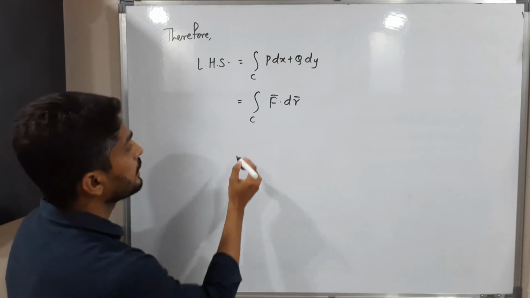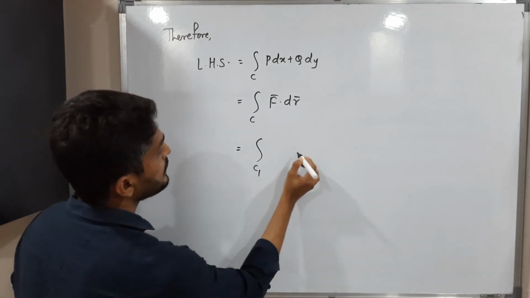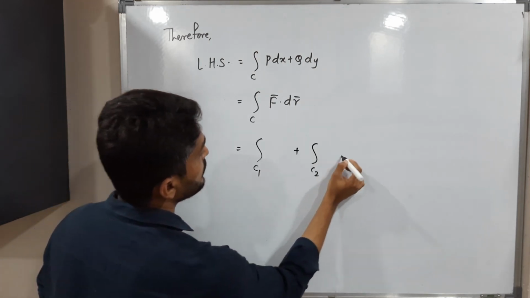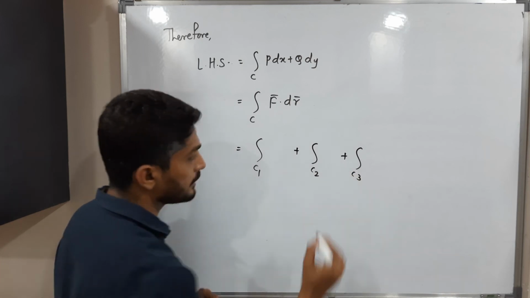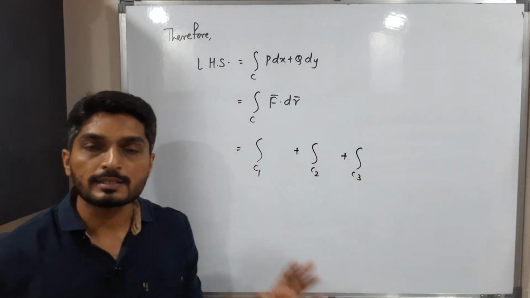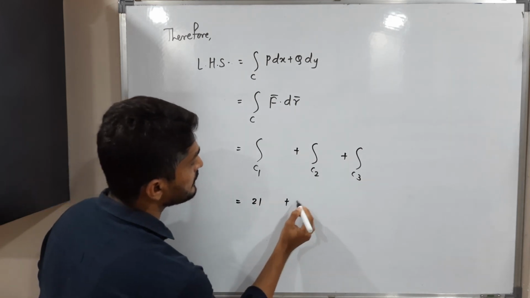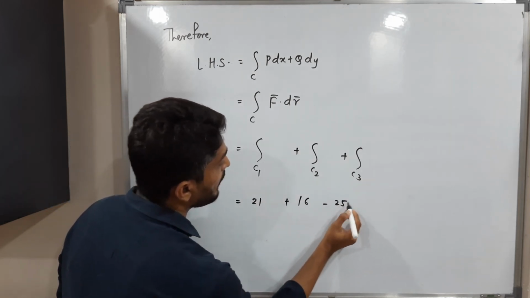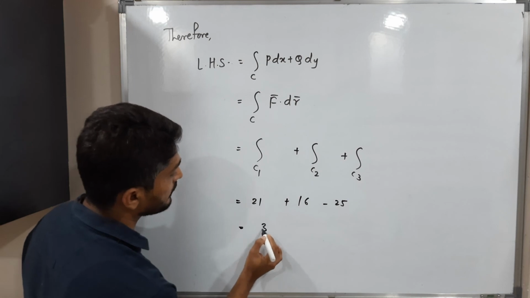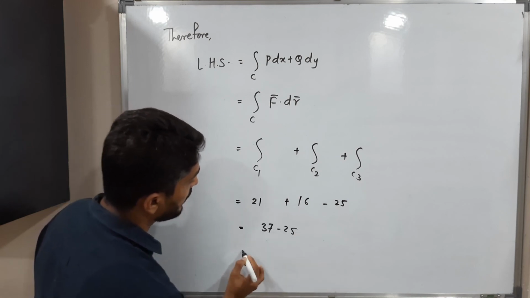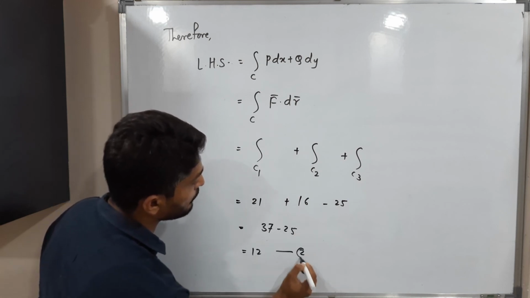So this is nothing but integration over C1 plus integration over C2 plus integration over C3. We have solved all these line integrals separately, and we have got the values 21, 16, and minus 25. So it will be 37 minus 25, that's 12, equation number 2.